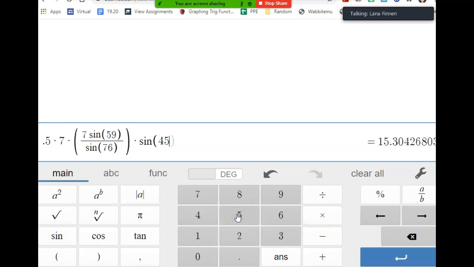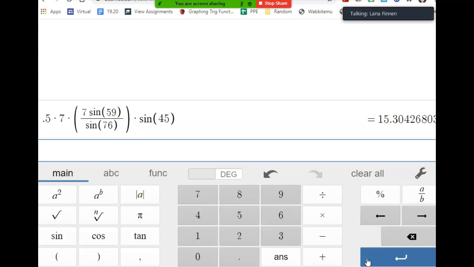So I got it all in there in one step, so I'm not rounding anything anywhere, and this is what I end up with.